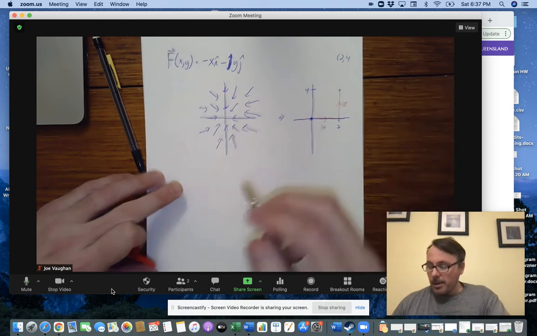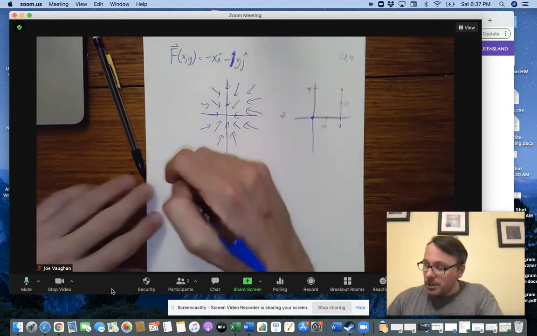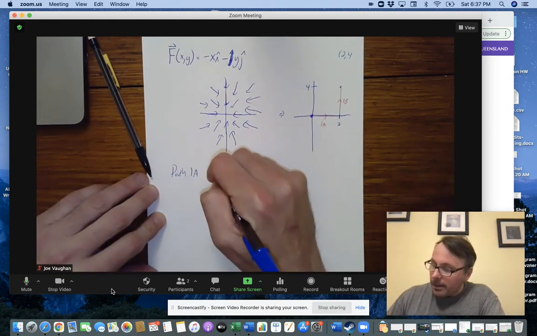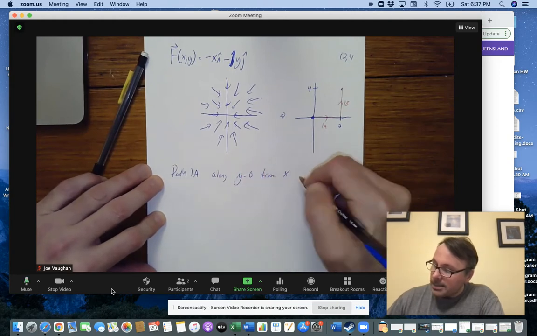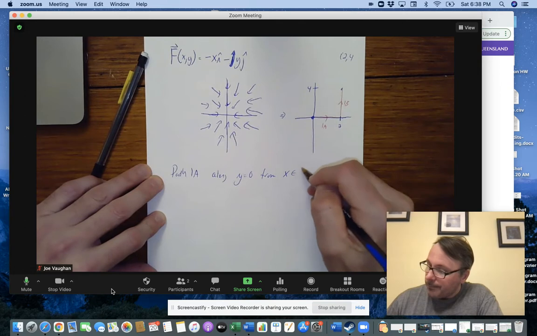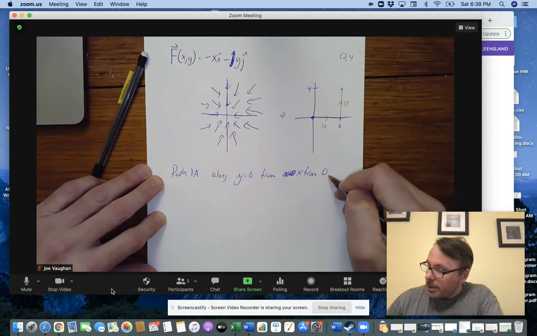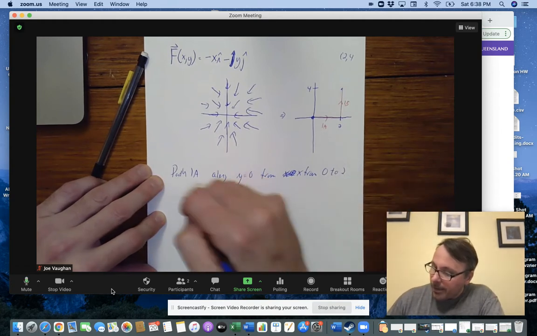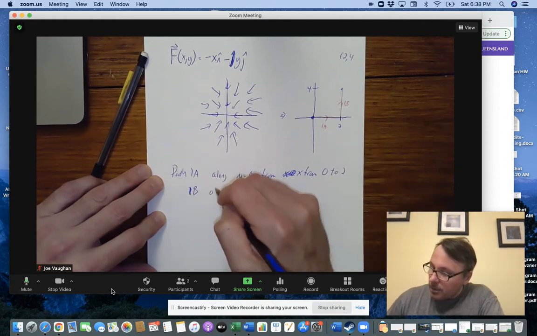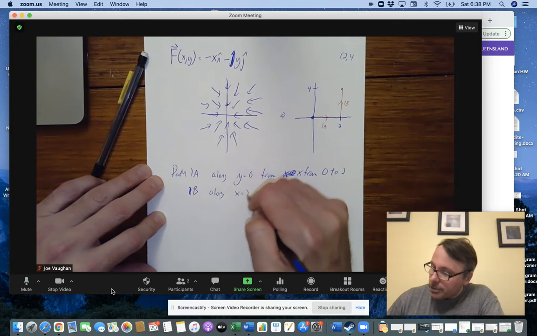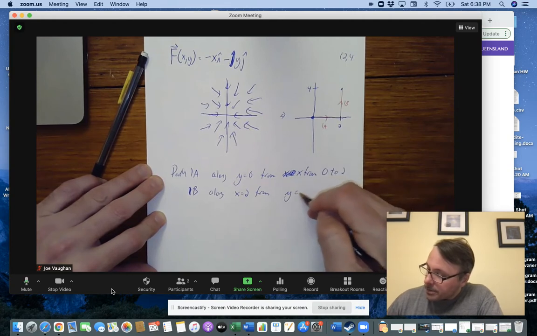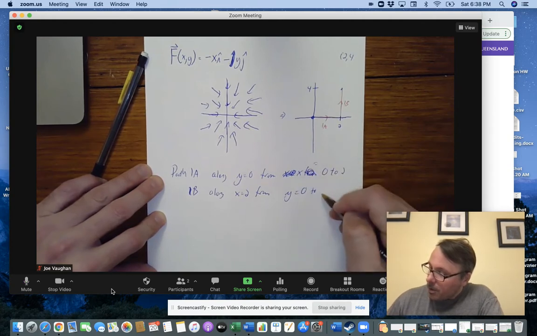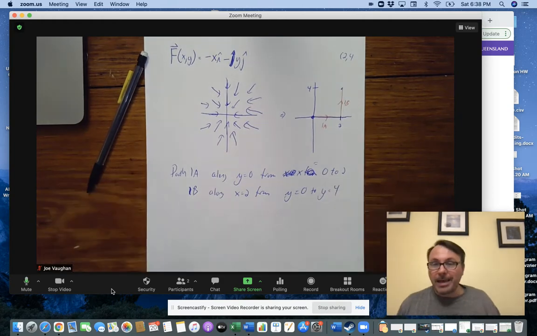So path 1a is along the line y equals 0, where x goes from 0 to 2. And then path 1b is along the line x equals 2, from y equals 0 to y equals 4, right? And that gets us there.